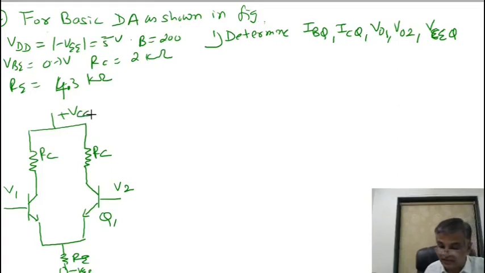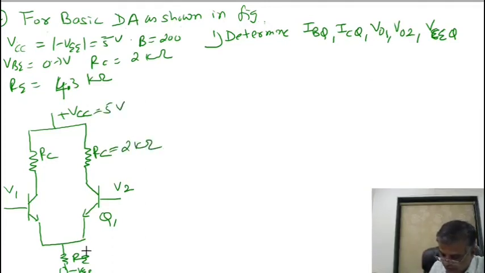Actually they are writing VCC, here I made a mistake, I have written VDD. Look here, this is the value they have given, 5 volt, this value 2 kilo ohm, this value 4.3 kilo ohm, this is your VO1, this is your VO2, this is your Q1, this is your Q2.